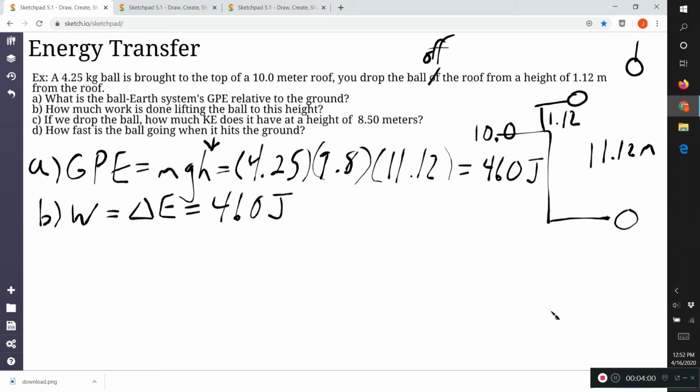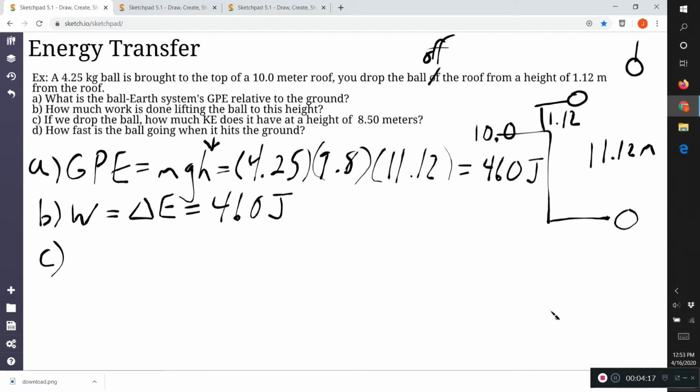All right. Part C. If we drop the ball, how much kinetic energy does it have at a height of 8.50 meters? Now, we're going to ignore air resistance, friction, and a few other things here. We could do this in a rather complicated way.